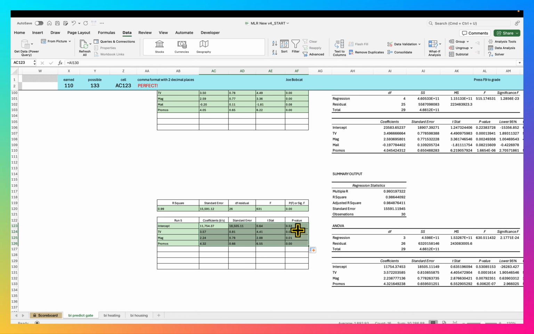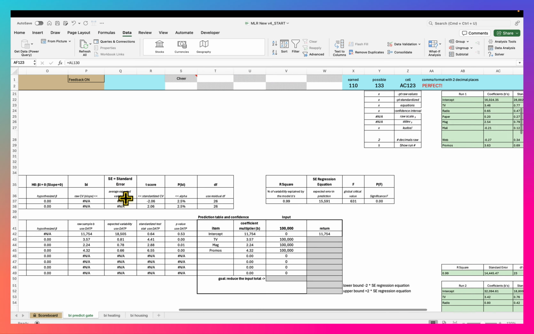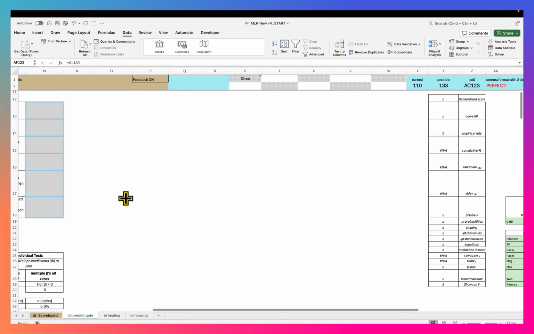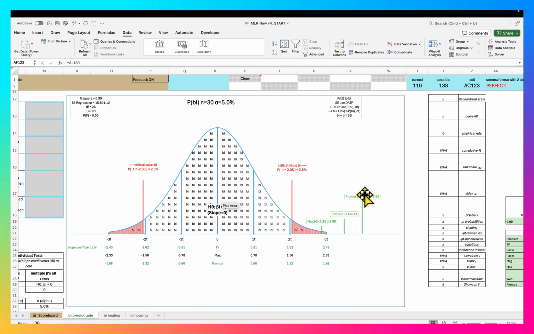And now you'll see that everybody is less than 0.05, so they're all significant except for the intercept, but the p-value for the intercept doesn't factor into this, so you ignore that. Looking back at the graph, you can see where I said we would be at the end, which is everything is significant. All right, now we're ready to answer the rest of the questions.